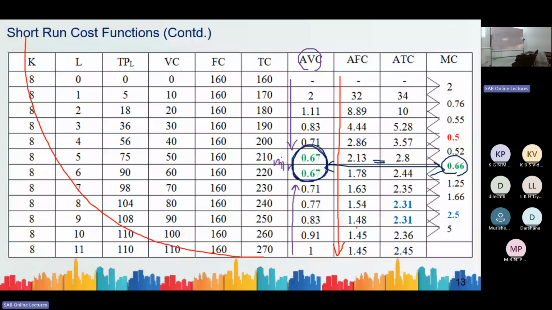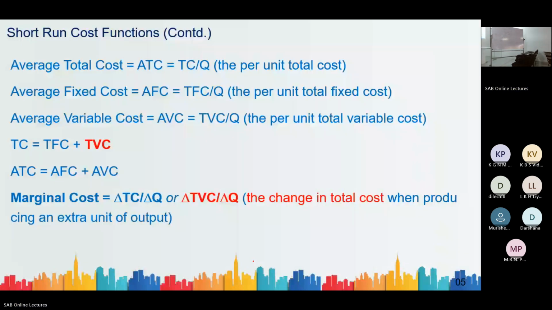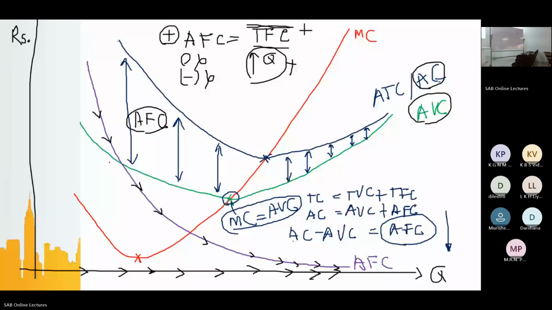And it never reaches zero. It is always something positive. That is what we observed in this figure.